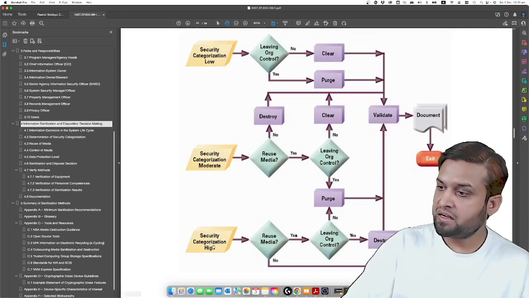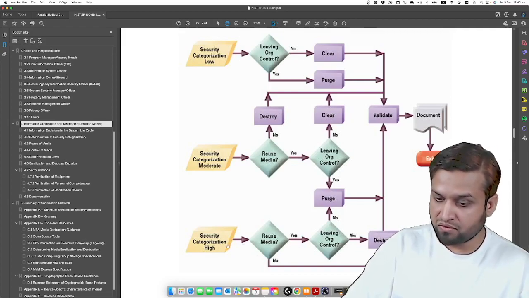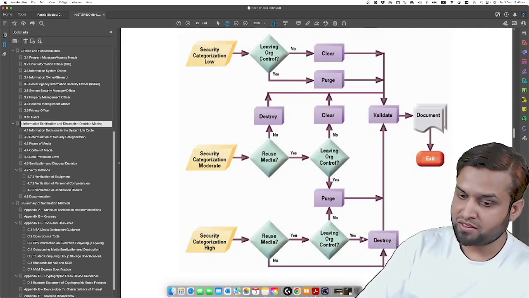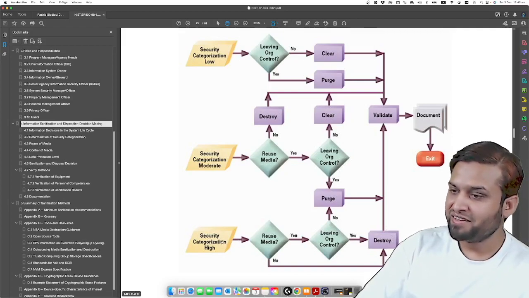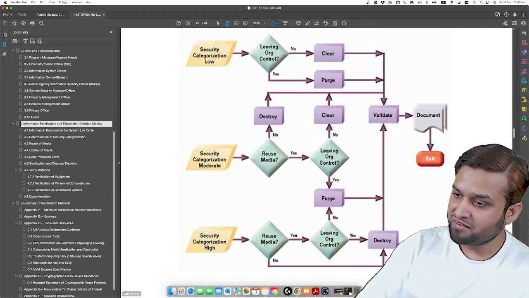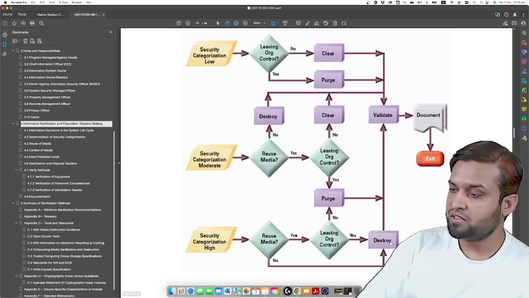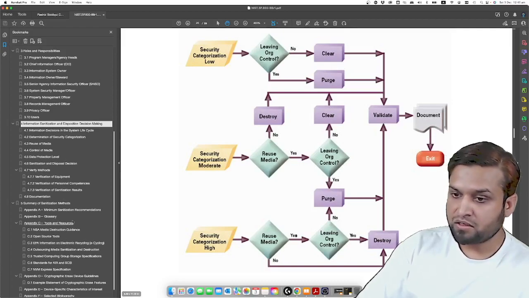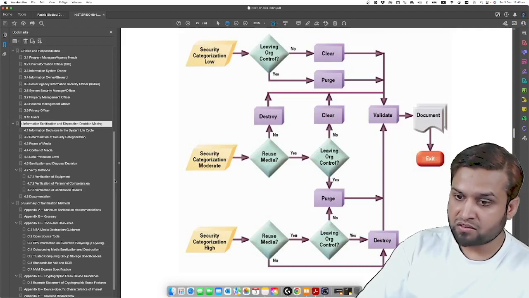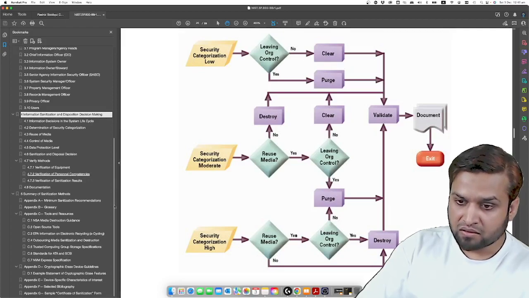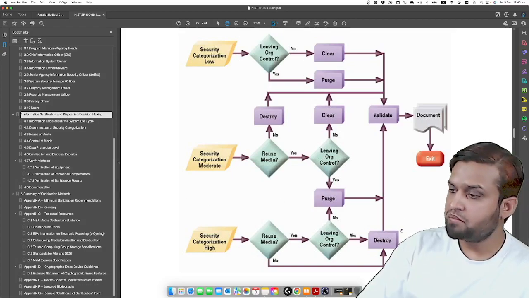But highly categorized data cannot leave the organization. The only thing we have to do is to destroy the data, which is here, right? So this is a key point you have to keep in mind for highly categorized media. If the media is going outside the organization, it has to be destroyed using the NIST 800-88 recommendation, and that recommendation is somewhere in the appendix, which I will come to.